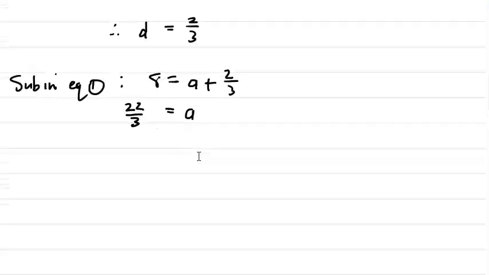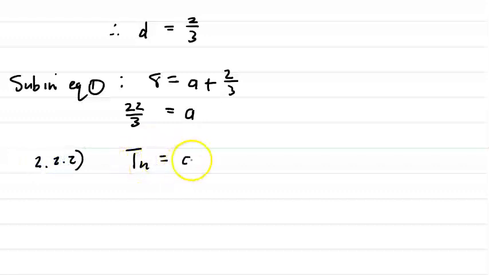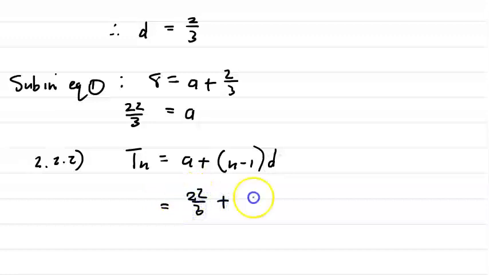Alright, let's look at 2.2.2. I first need to get the formula. So Tn equals A plus n minus 1 times D, which equals 22 over 3 plus n minus 1, and my difference is 2 over 3.